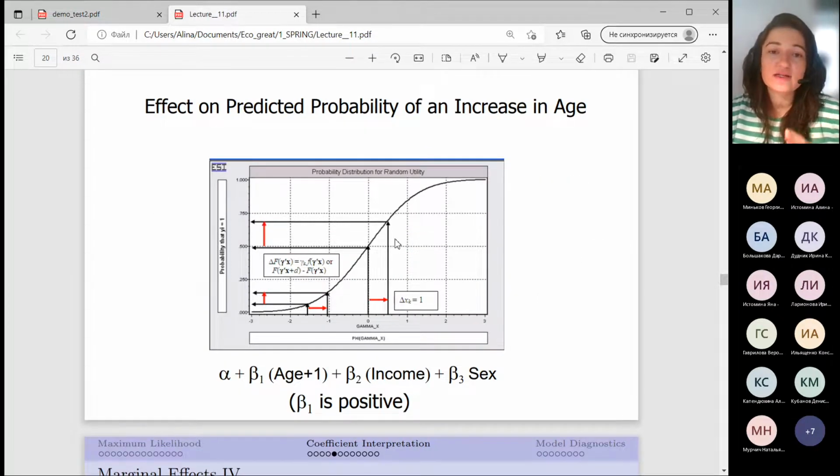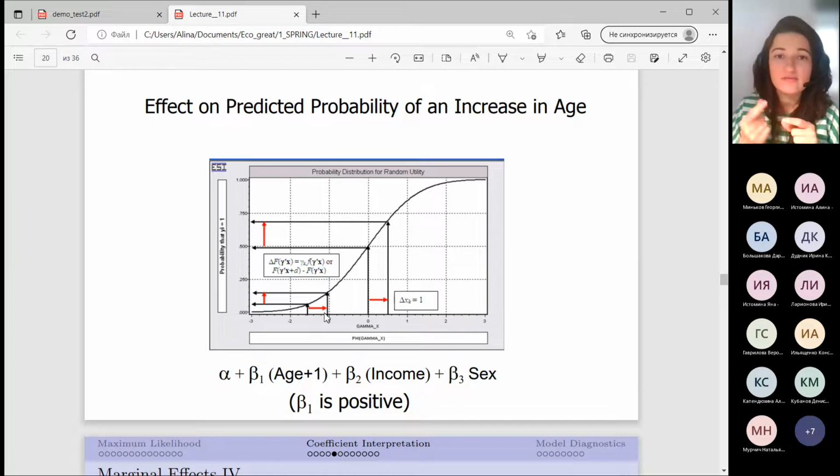Let's try to visualize this idea. Let's say that you have here the curve. This is the probability curve, and on the y-axis you can see the value of probability, and here is, let's say, the variable X. This is age. So how can we interpret the effect?